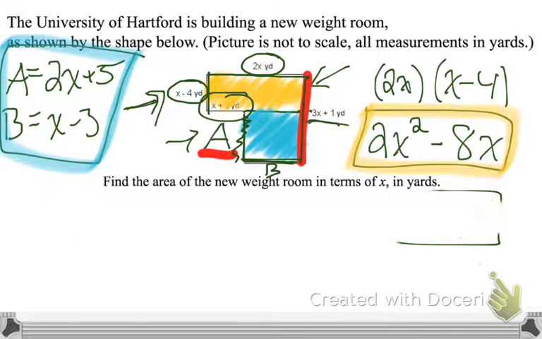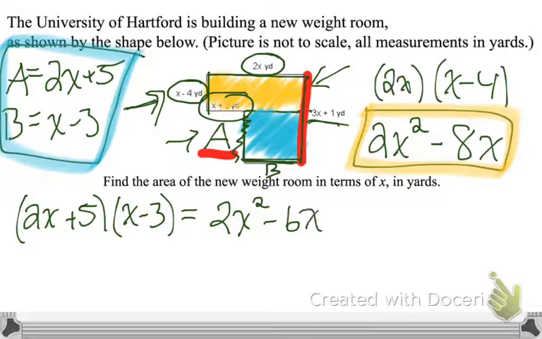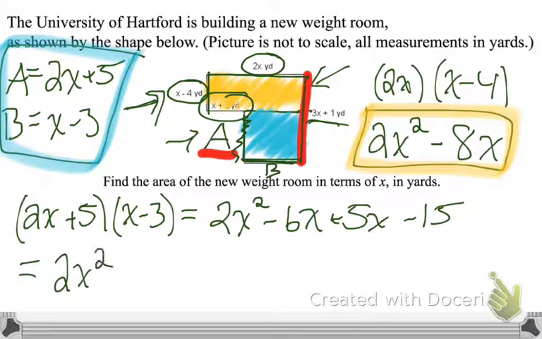Erase, erase, erase. And 2x plus 5 times x minus 3 is going to give us 2x squared minus 6x plus 5x minus 15, and that simplifies down to 2x squared minus x minus 15.